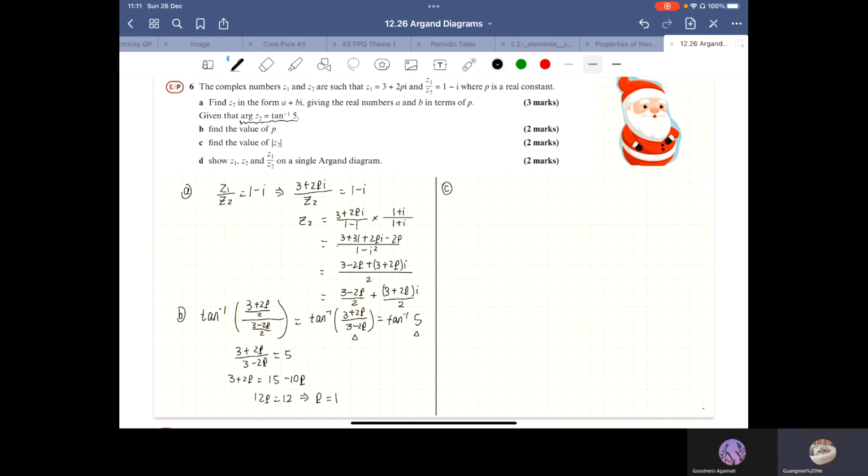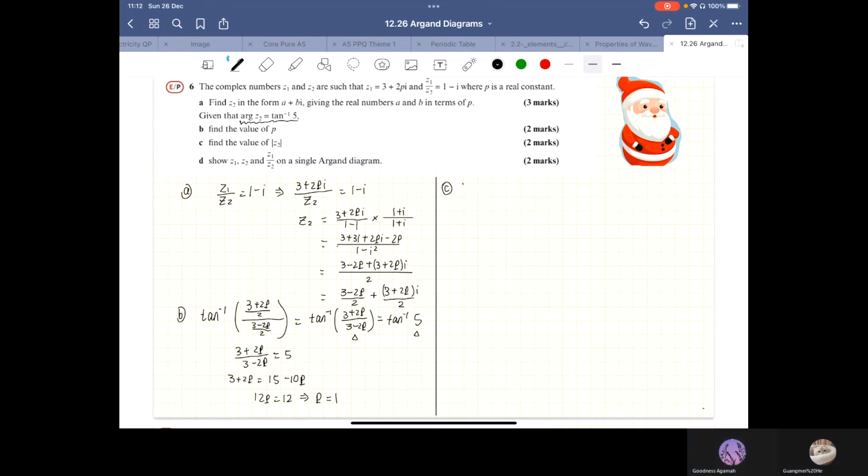Find the value of the modulus of Z2. Any ideas what we need to do here? So we'll substitute the 1 in. Yeah, that's it.